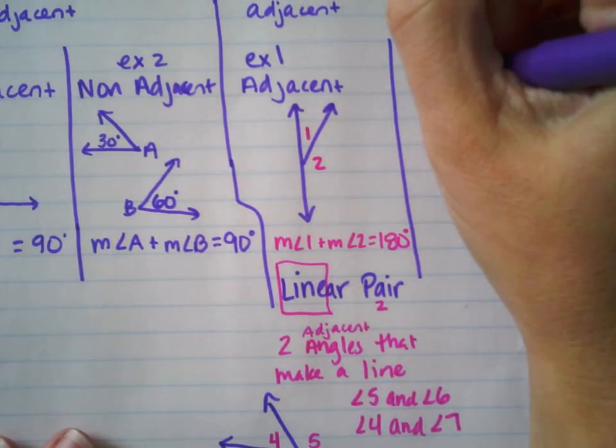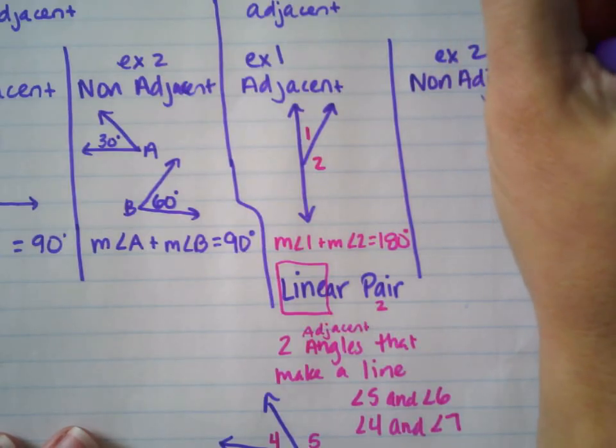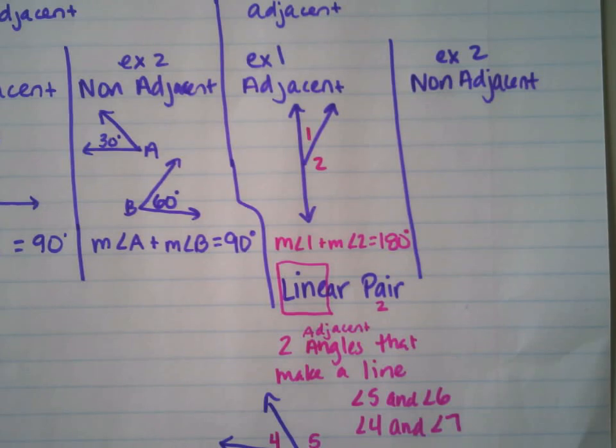All right, draw something that works. Look at our examples that we did for complementary and come up with an example for non-adjacent supplementary. Write an equation that would go with it, just like we did for complementary.